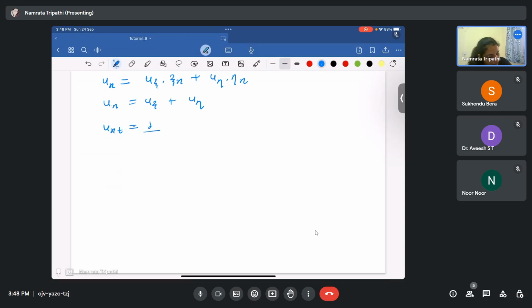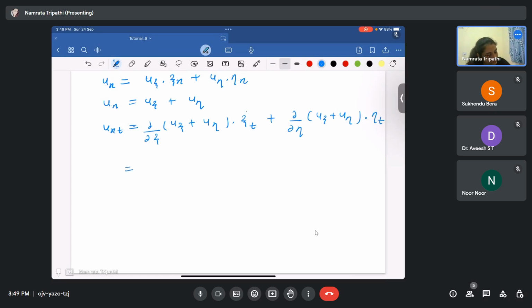You have to differentiate ux with respect to t. So first of all, we differentiate with respect to xi and xi of t. Fine. And also with respect to eta, u xi plus u eta of t. Fine.